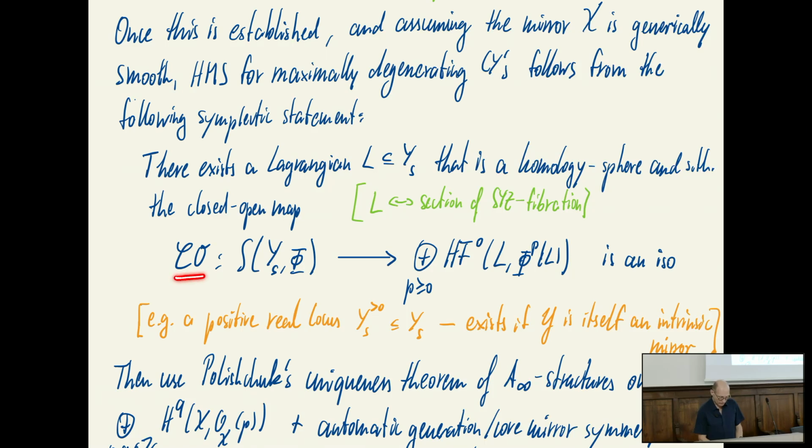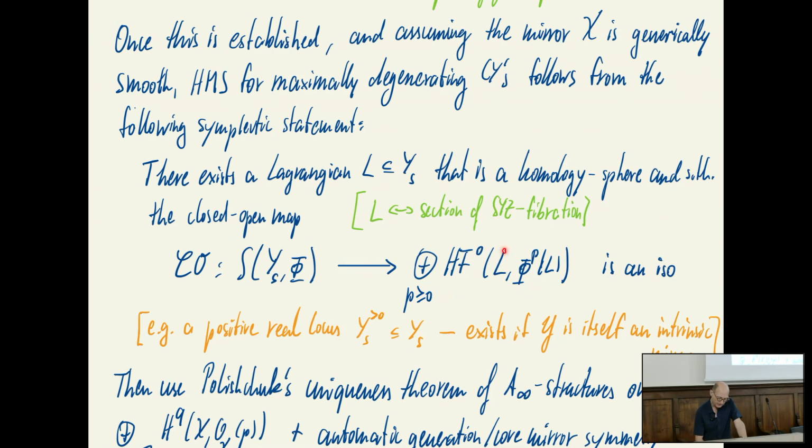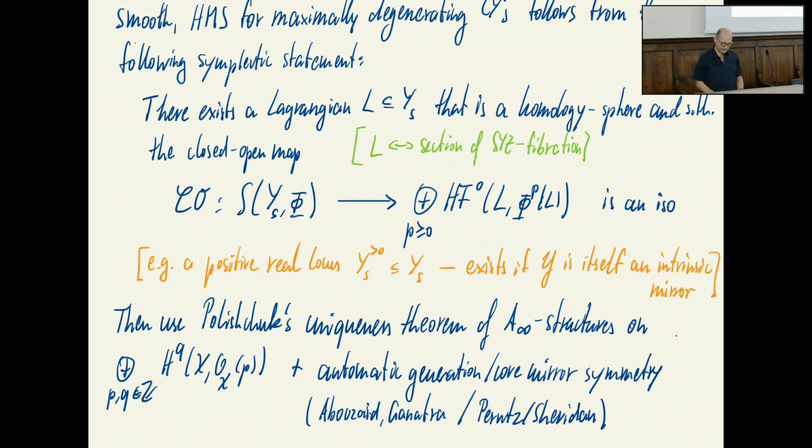And then there's a closed-open map that symplectic geometers wrote down from this Floer theoretic ring, the monodromy Floer theory, to the Lagrangian Floer theory generated by the Lagrangian and all its positive translates phi^p of L. Whenever it's Lagrangian, you can apply the symplectomorphisms, it produces some kind of Dehn twist, and you get another Lagrangian. And that is supposed to be an isomorphism. That is also not so hard. And then there is a fantastic theorem by Polishchuk that tells you that if you look at these kind of rings, this has essentially unique A-infinity structure.